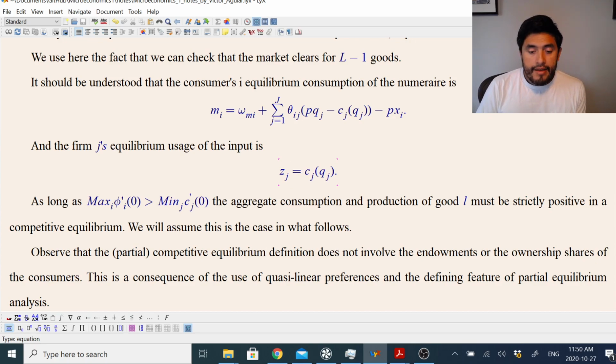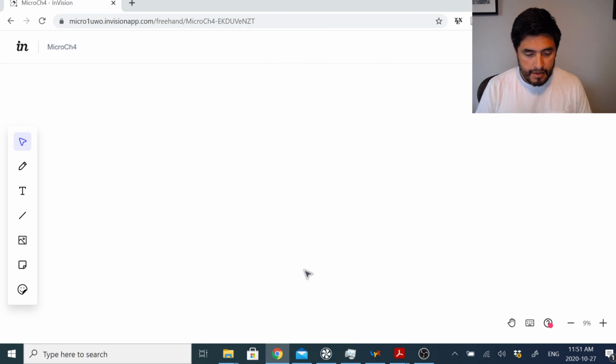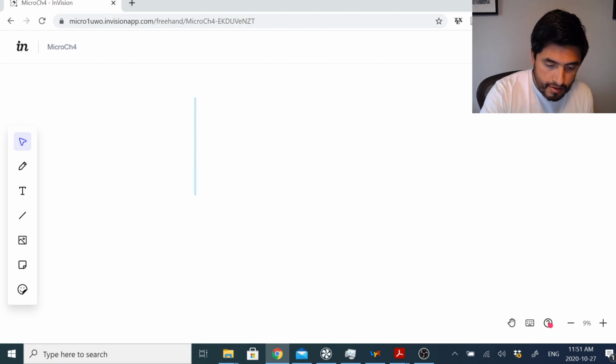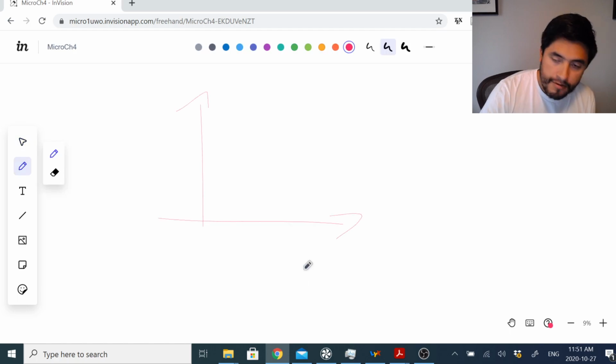Imagine this is not the case, and then you get yourself a disturbing possibility. Basically, we can get the following. You have this demand and supply curve, right? And now your demand can be always going down, but then your supply can be going up.